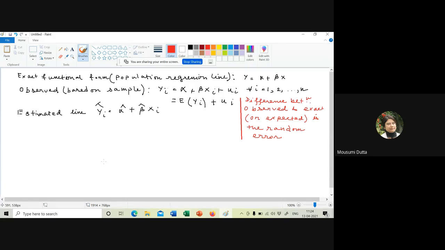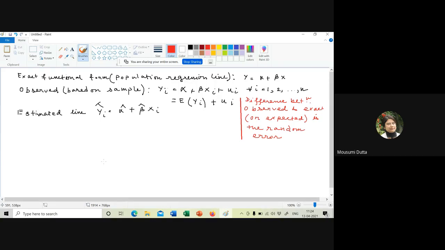So the idea we have from theory or historically we have some ideas. So exact functional form can be considered as the population regression line, something which we are expecting for the entire population. Okay, so this is the ideal thing, the population thing.